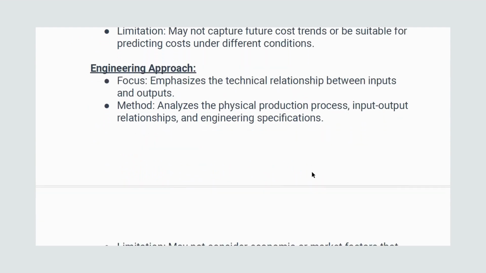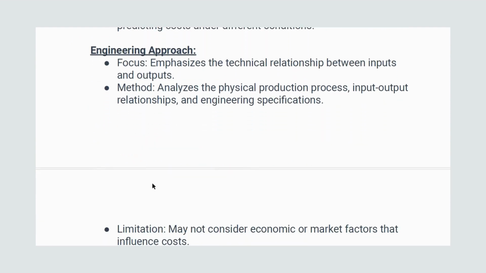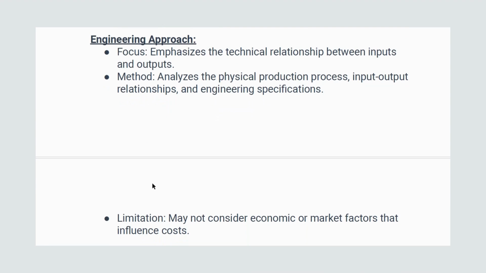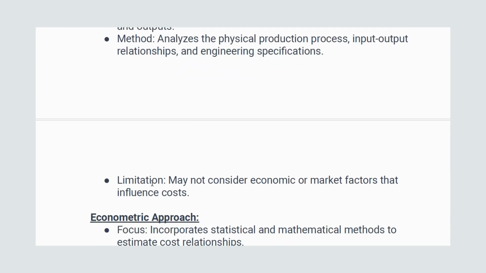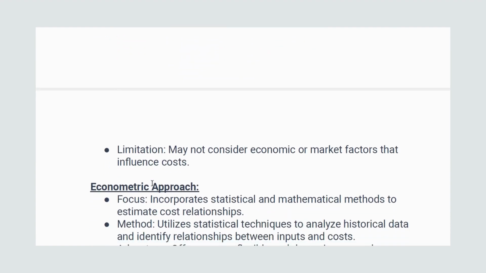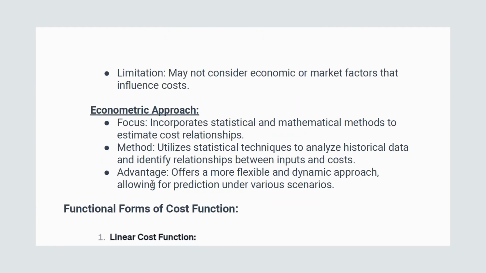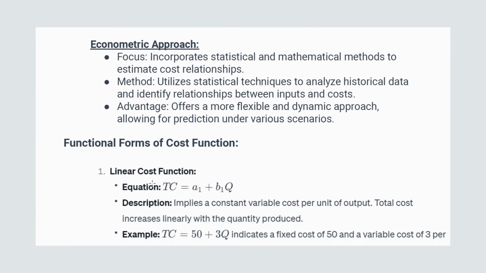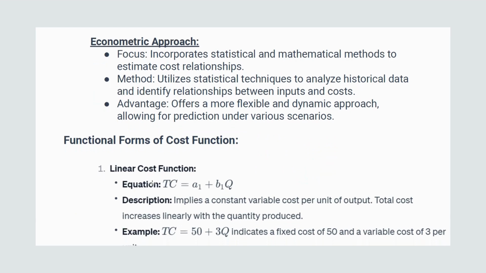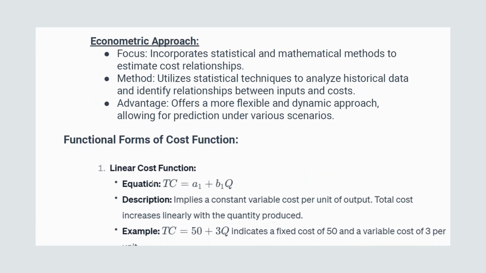Okay, next comes the engineering approach. This approach emphasizes the technical relationship between inputs and outputs. It analyzes the physical production process, the input-output relationship. But it also has a limitation, like it may not consider economic or market factors that influence the cost. Then comes the econometric approach. This approach incorporates statistics and mathematical methods to estimate the cost relationship.